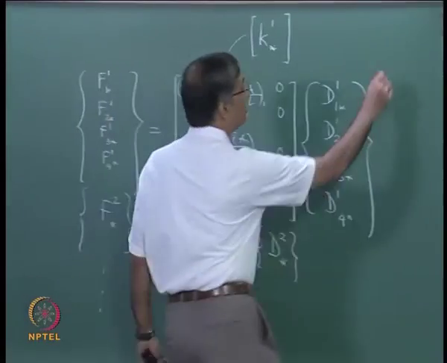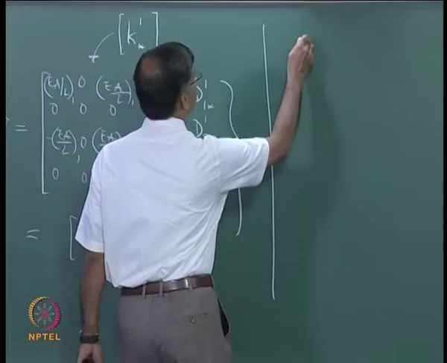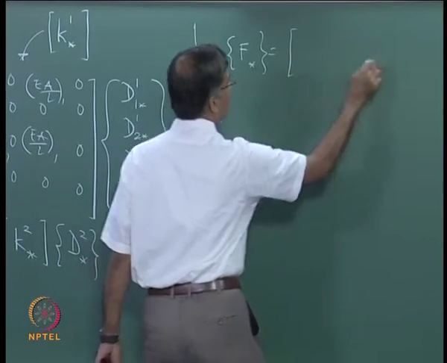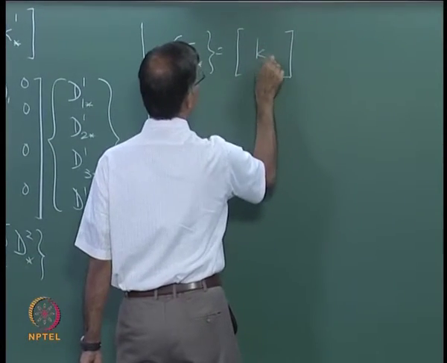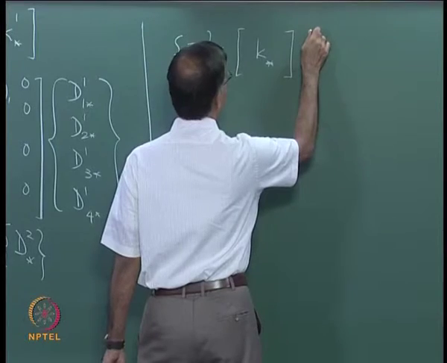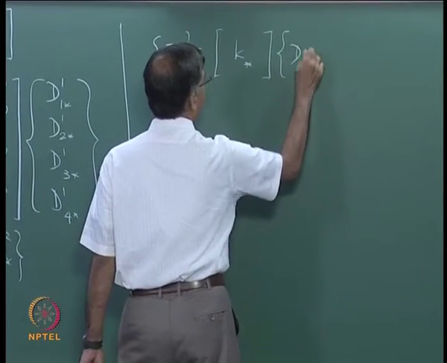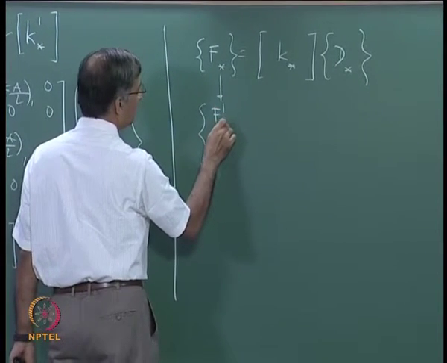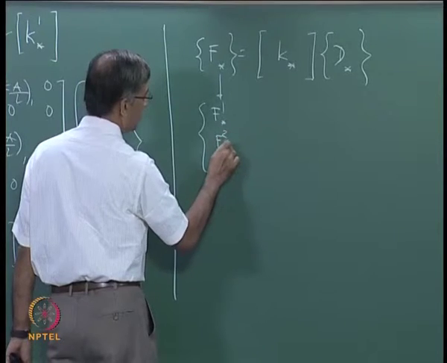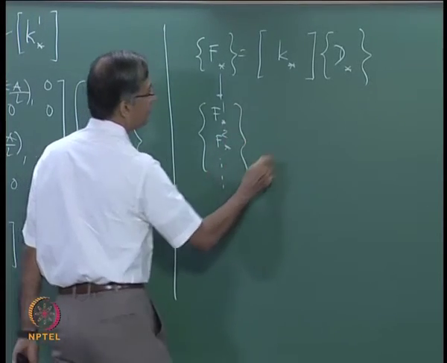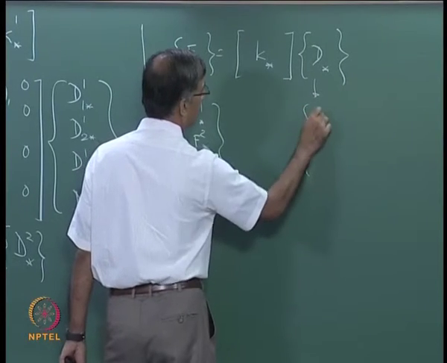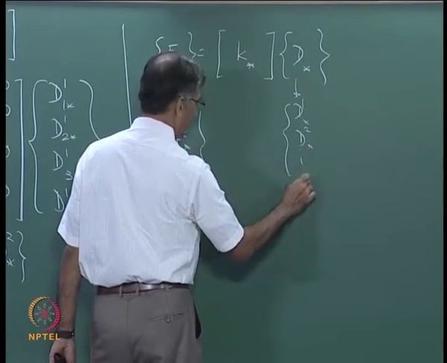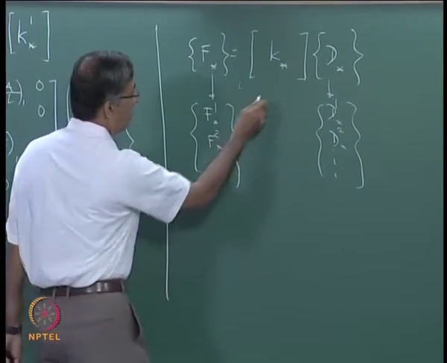Now if I want to relate all of them to a single matrix, this is really meaning F1 star, F2 star, etc. How will this look like?